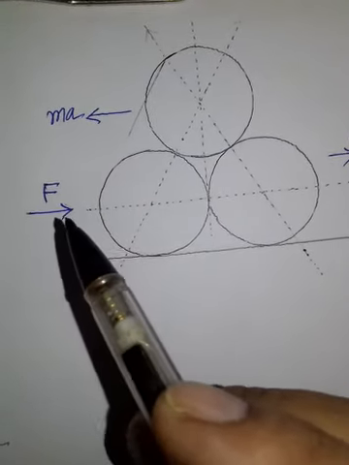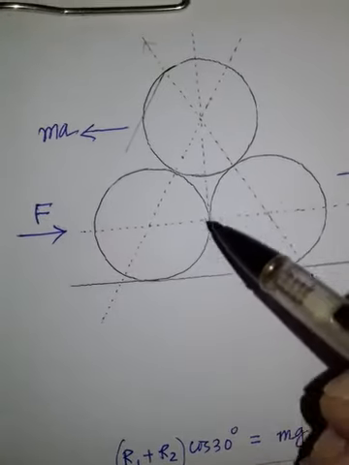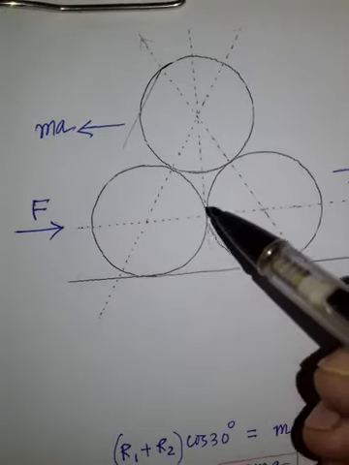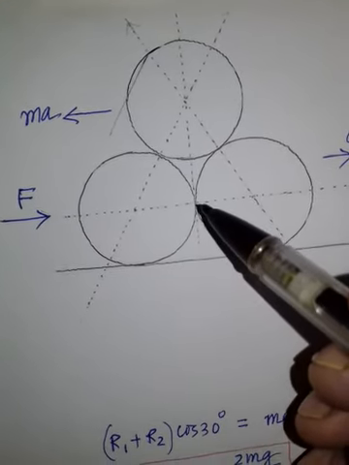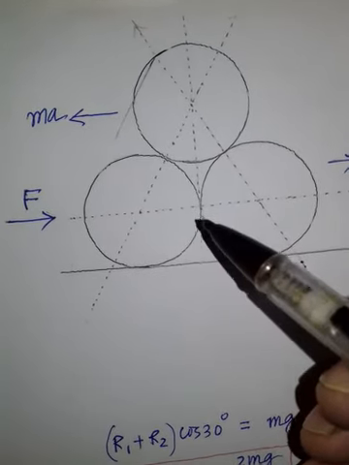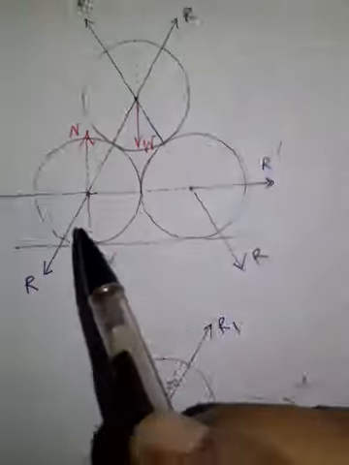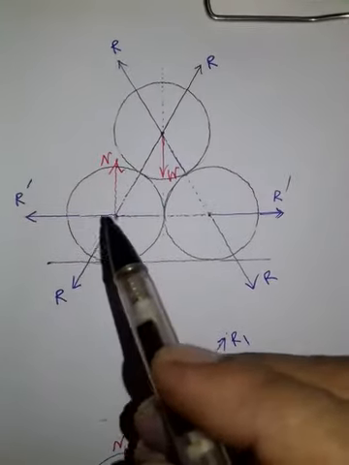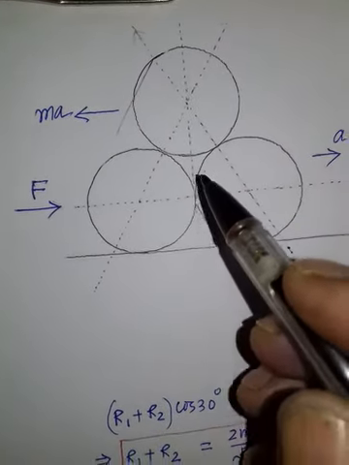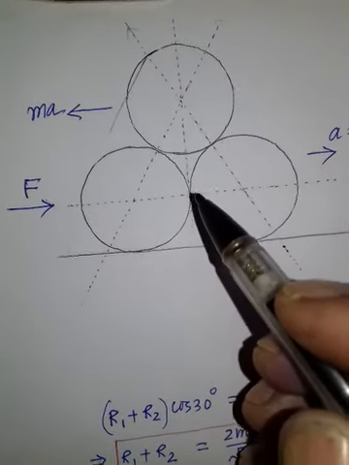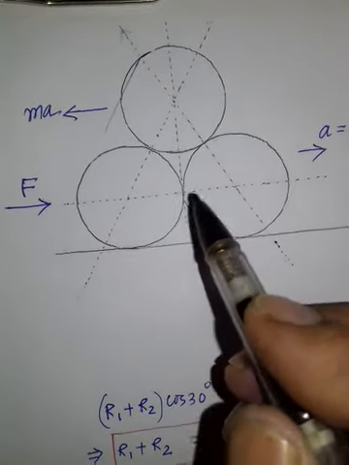If we increase this force, then a moment will come when this contact is on the verge of detachment. That is, we just balance this tendency of detachment. At that moment, there will be no contact at this point, so the reaction force between these two cylinders will be absent.